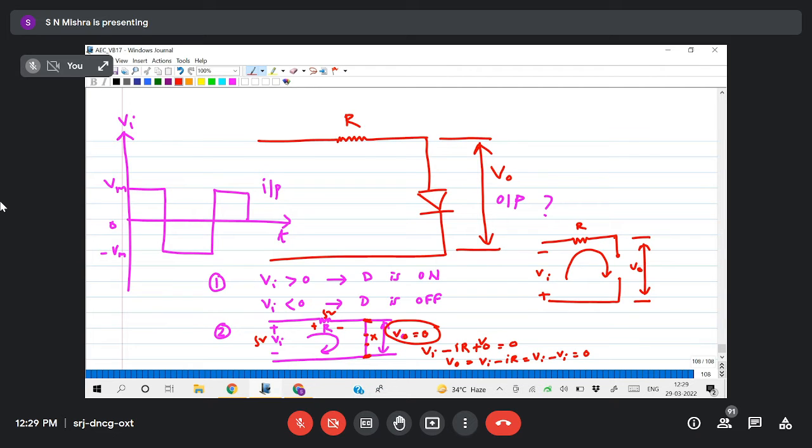Can I get any current in this loop? No sir. So the voltage drop across the resistor is 0. So Vi minus, plus to minus means minus, plus 0 minus V naught equals 0. So V naught equals minus Vi.